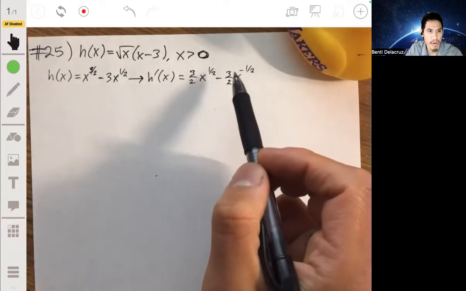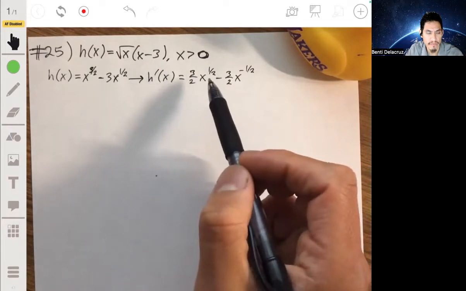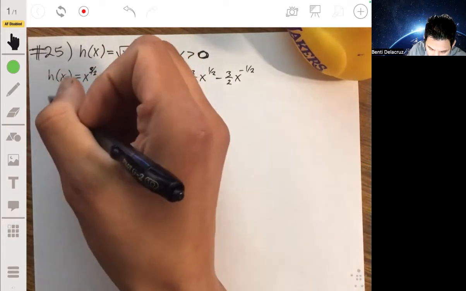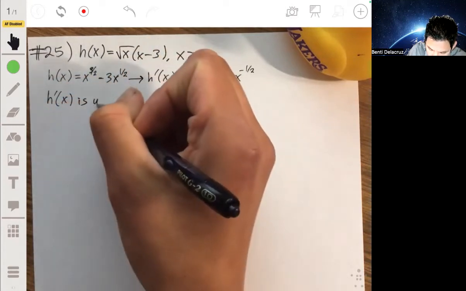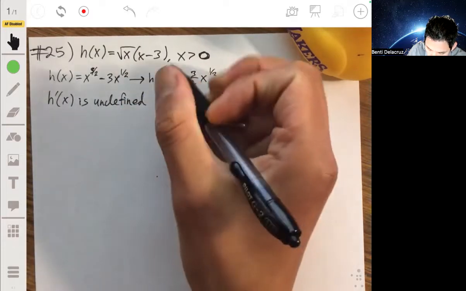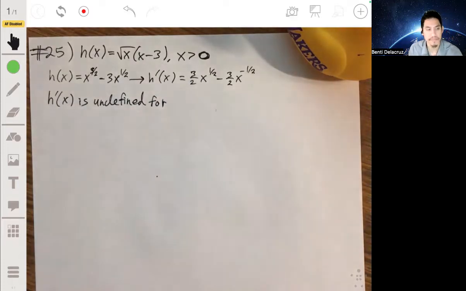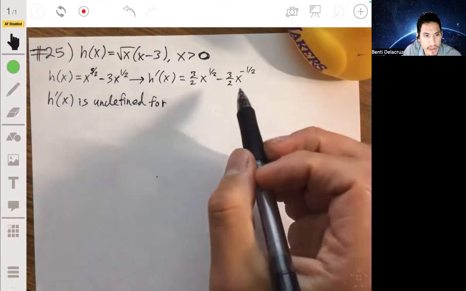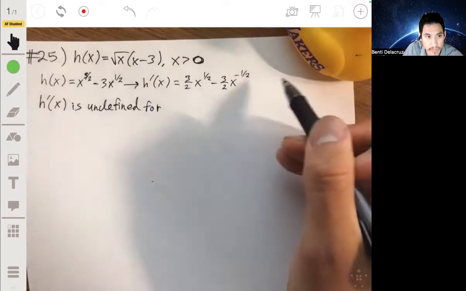All right, so now we want to find where this is undefined or where it's 0. So h prime of x is undefined for... remember, this will be undefined when, let's rewrite this actually.